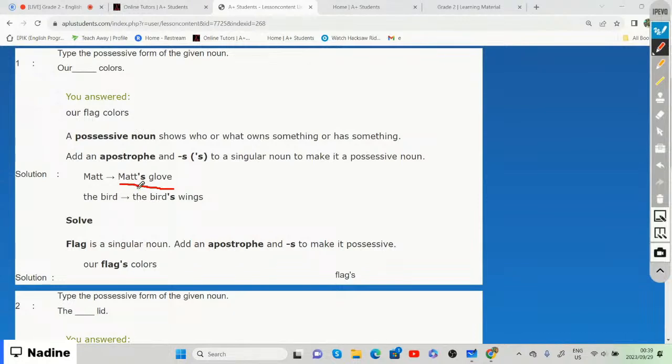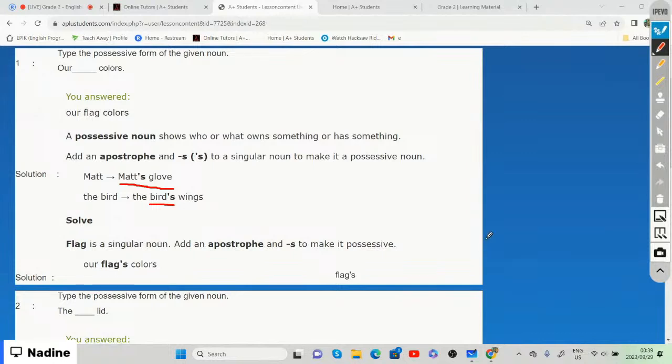The wings. So if we are making mention of the wings of the bird, then we can say the bird's wings, right? And there we are putting the apostrophe, and the apostrophe shows that it is something that belongs to the bird, which is the wings.